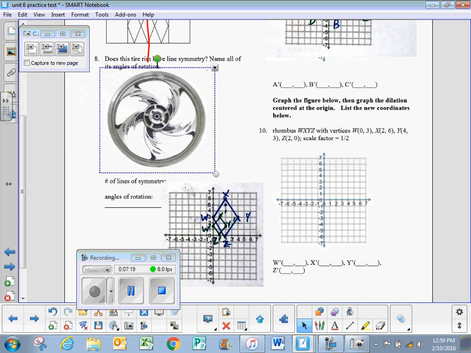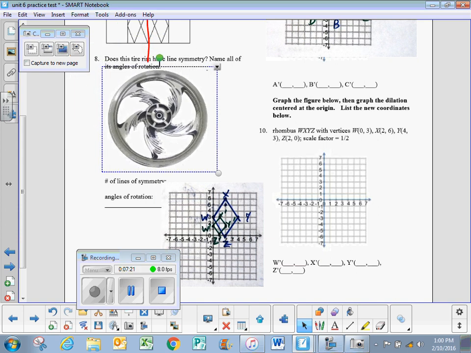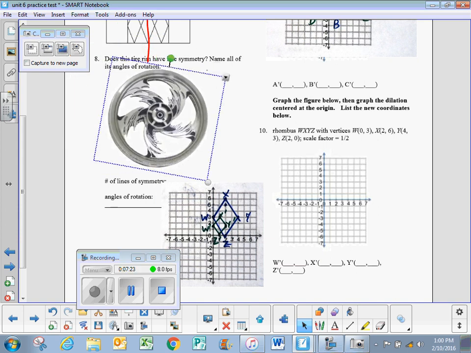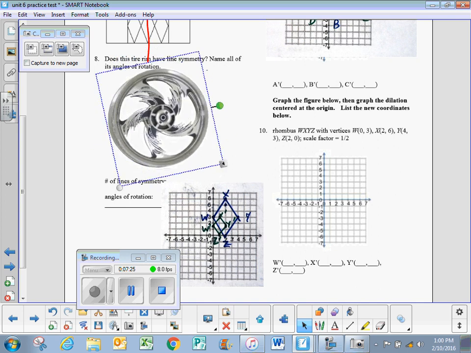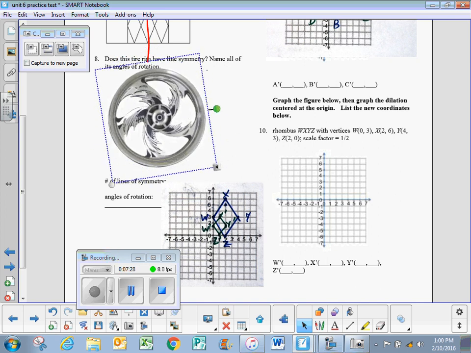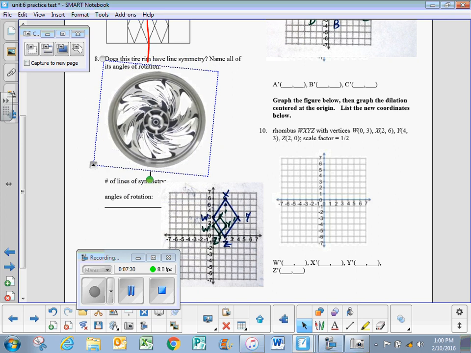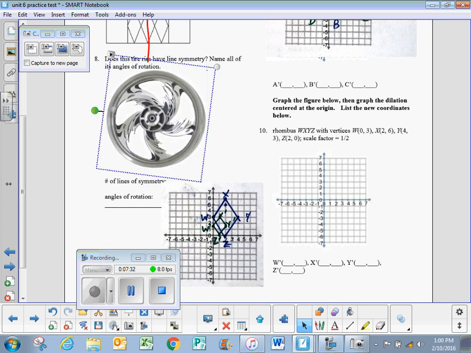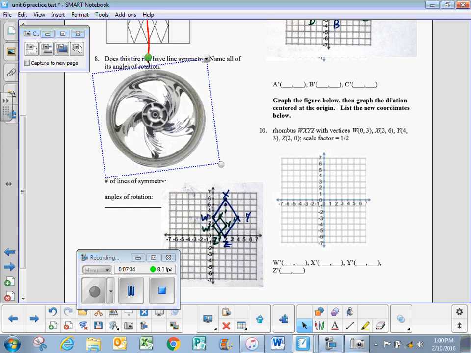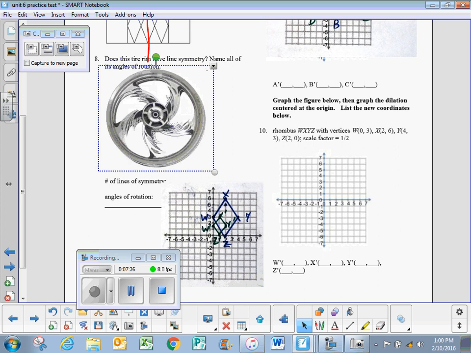And watch this. This is when it's really cool. We can see that we rotate it once, locked in, right? Congruent. Twice, congruent. 3 times, congruent. 4 times, congruent. We get around to a 5th rotation, and we're back to where we started.